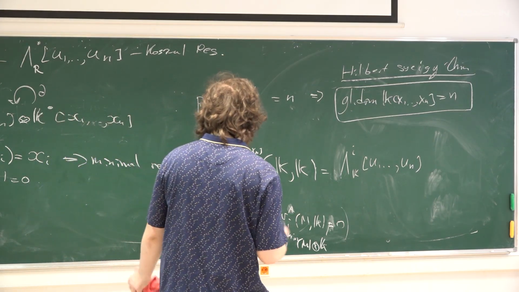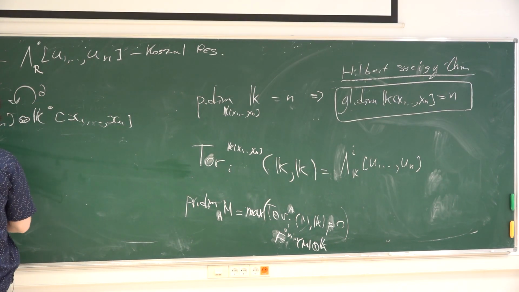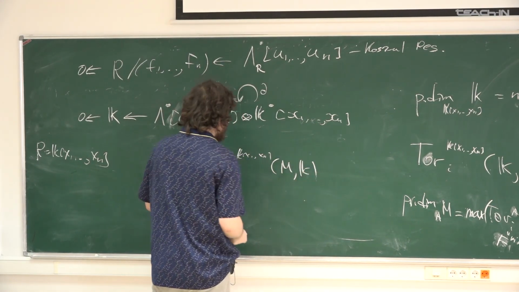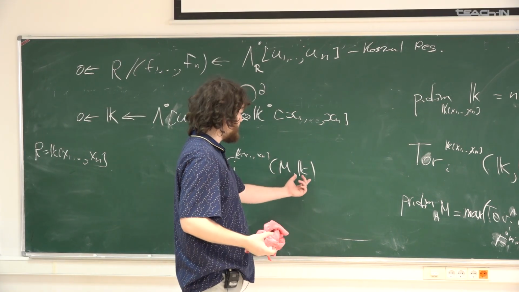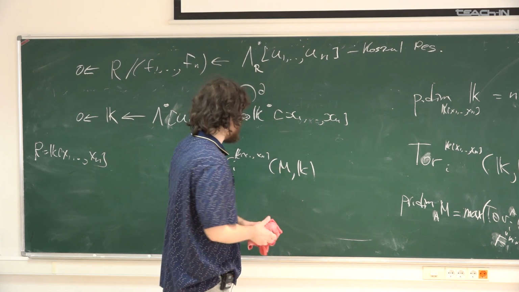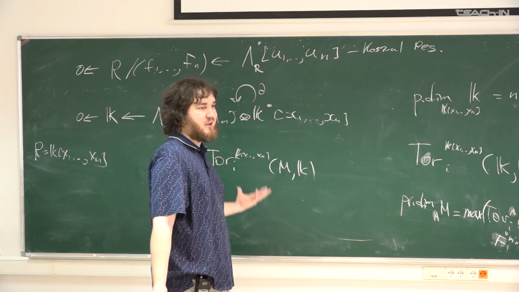But if we have any module M over the polynomials, to compute this Tor we can use the minimal resolution for k, because we know that Tor is symmetric. We have the minimal Koszul resolution for k of length n.